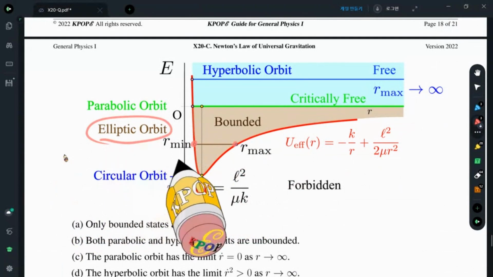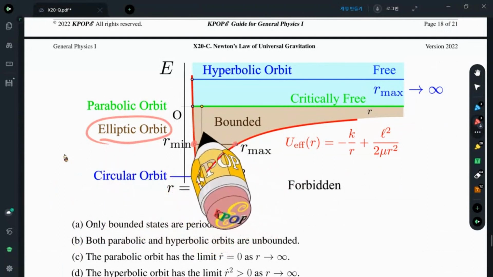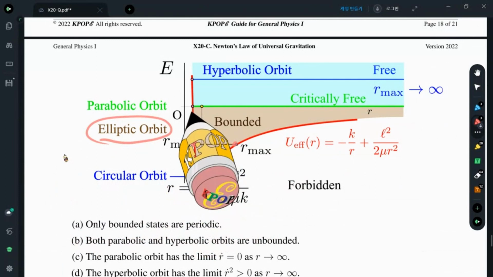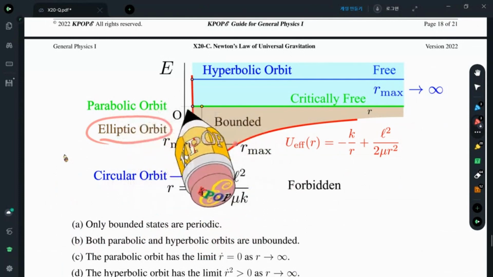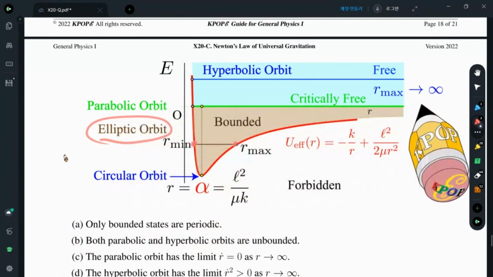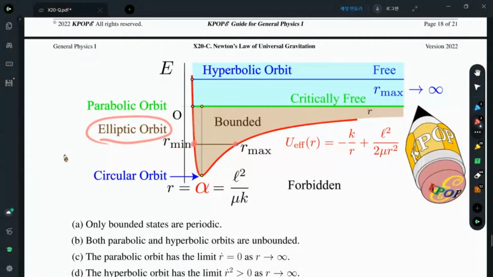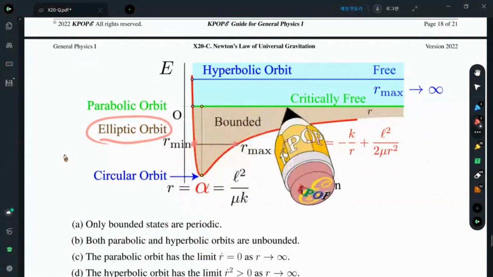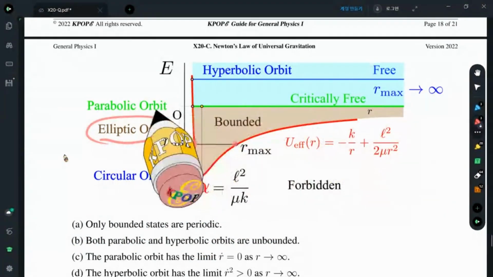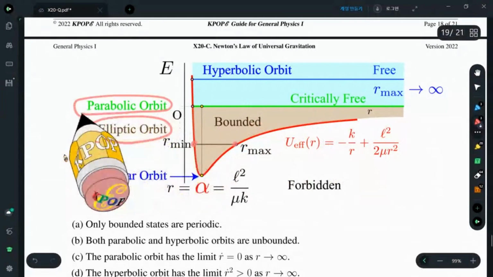In addition, if we increase the energy further, so it just touches the r axis in here, it becomes a parabola.